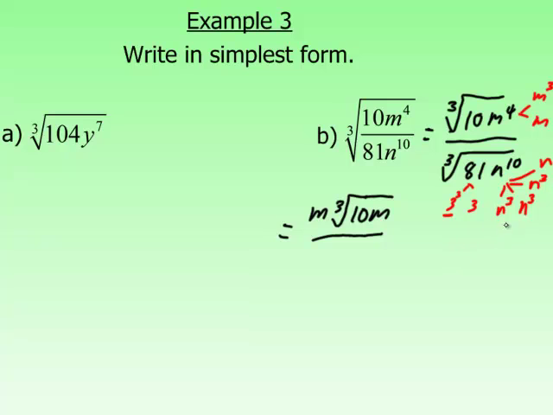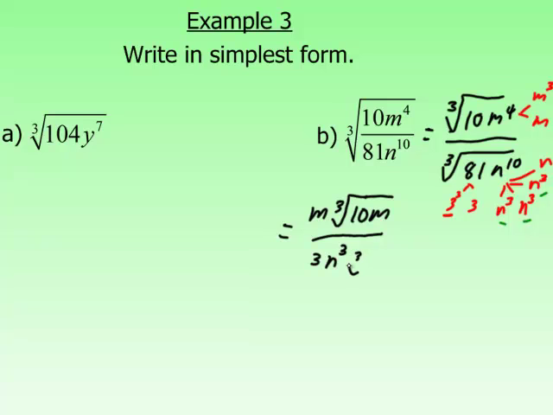So I have 1, 2, 3 n cubes that I can pull out. So in the denominator, I can pull out a 3 because I have a group of 3 3's. So I have 3, and then I can pull out an n cubed. So that would be 1 n, another n cubed, so that's 2 n's, or n squared, and then 3 n's makes it n cubed.